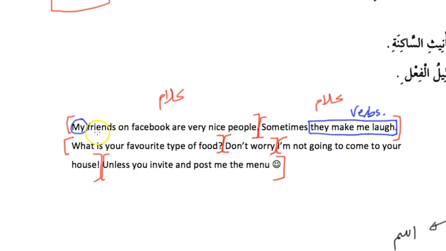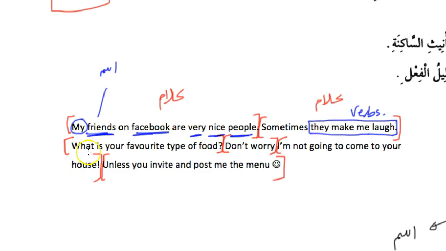My friends. Facebook, everyone knows what that means. Very, nice, people, you know what those mean. So all these words are what we call isms. An ism is a word which has a meaning but is not attached to past, present, or future. They make me laugh, that's attached to a time.